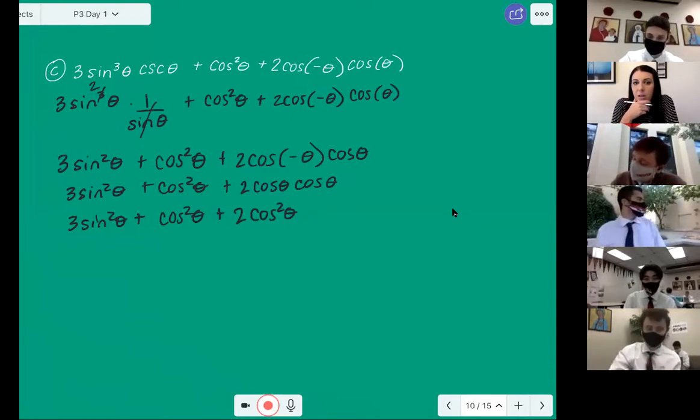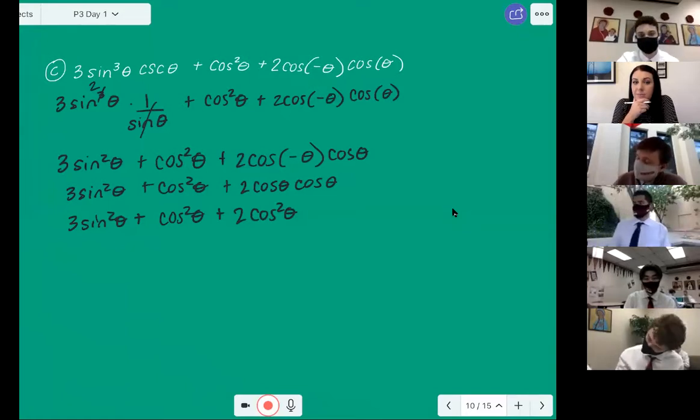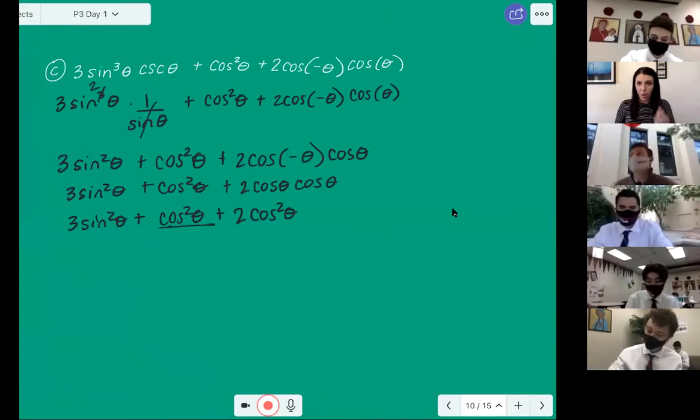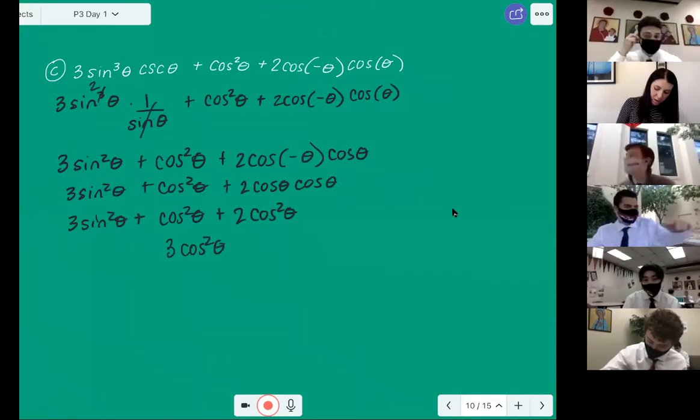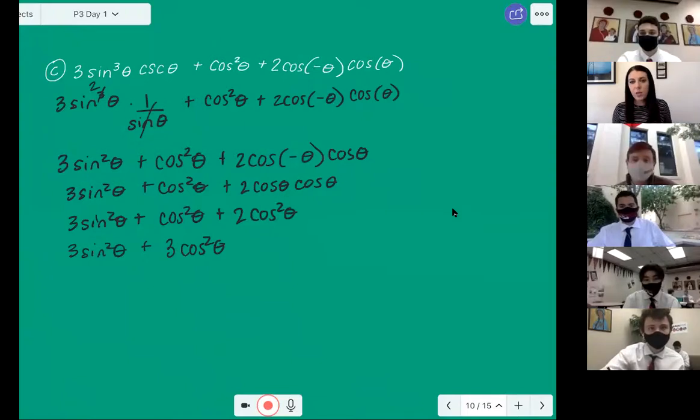So you can add the cosine squared theta and the 2 cosine squared theta and get 3 cosine squared theta. Excellent. So we've got a 1 cosine squared and then a 2 cosine squared. So Aiden's exactly right. That'll give us a 3 cosine squared theta here plus a 3 sine squared theta.